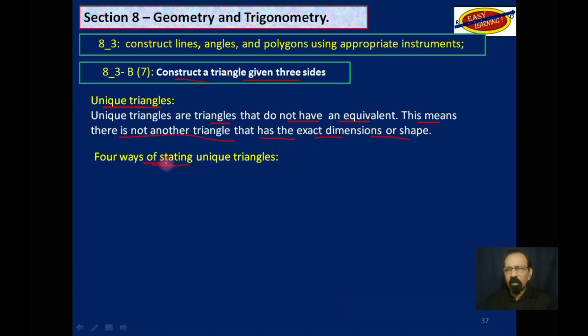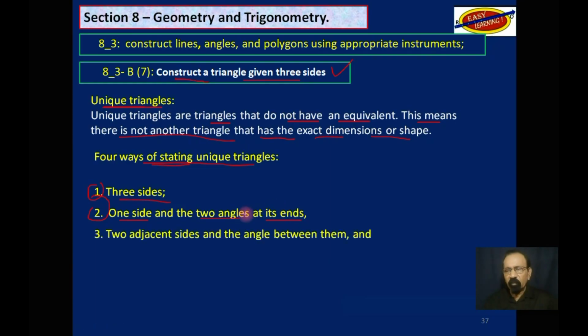There are 4 ways of stating unique triangles. The first one is given 3 sides, which is what we will begin with here. Then, 2, given 1 side and the 2 angles at its ends, that is what we will do next in this video.